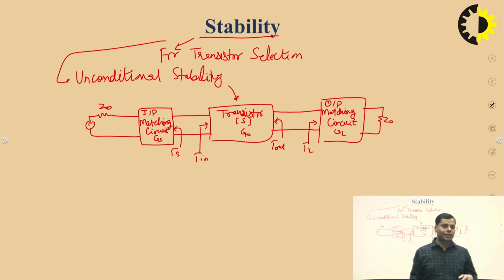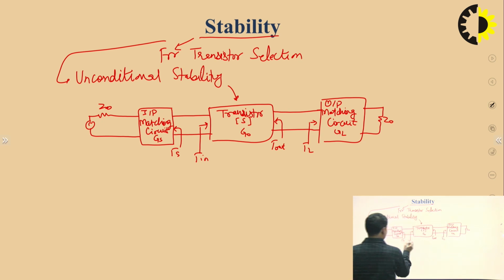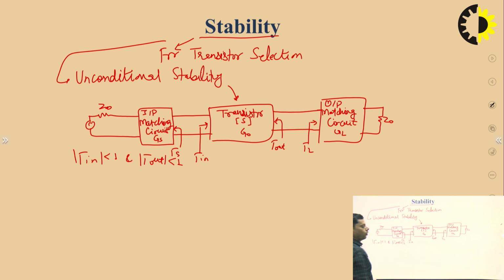Unconditional stability comes out when mod of rho in is less than 1 and mod of rho out is less than 1 for all passive sources and load impedances. After that, we will make rho in equal to 1.